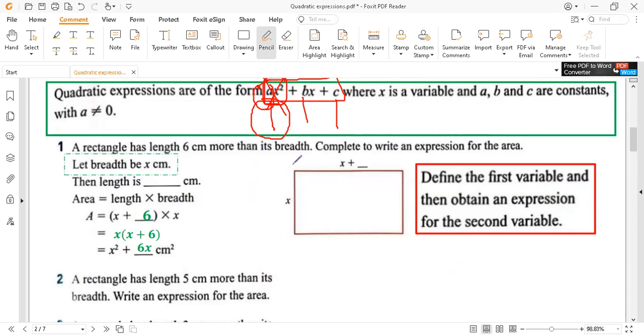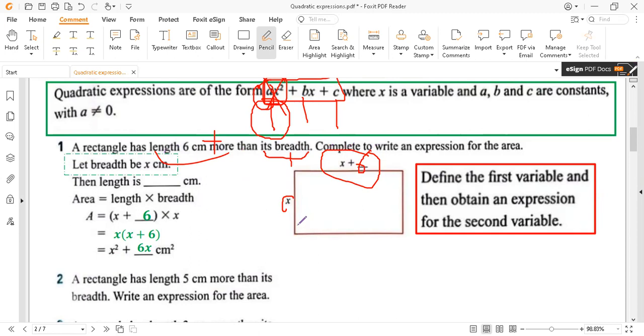So first of all, we fix one of these dimensions as the variable, and we write the other in terms of the unknown. So if we let the breadth equal x, and we know that the length is 6 more than x, the length equals x plus 6.